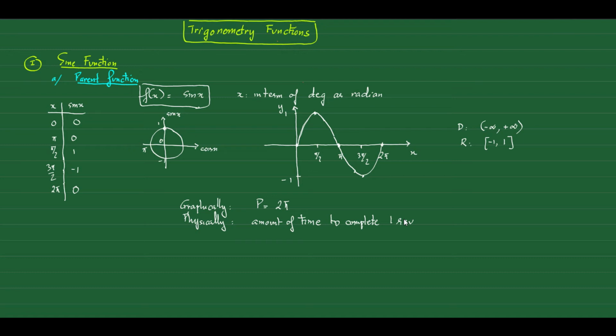It's the amount of time to complete 1 revolution. So this is nothing but t, right?